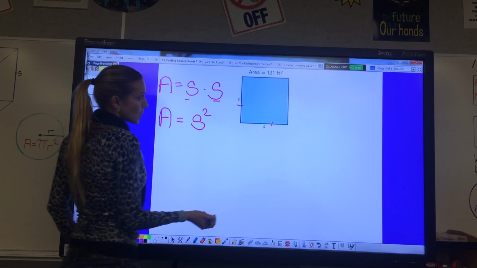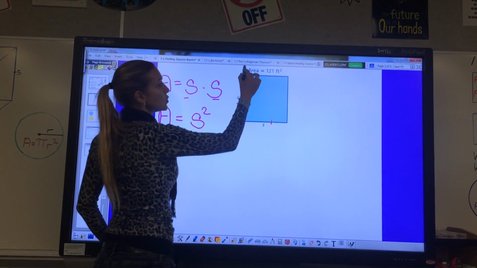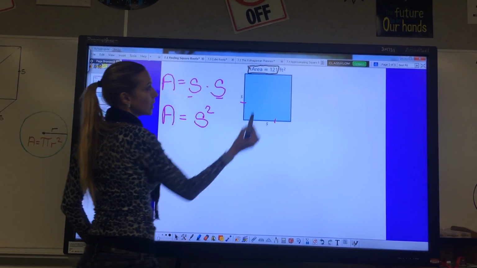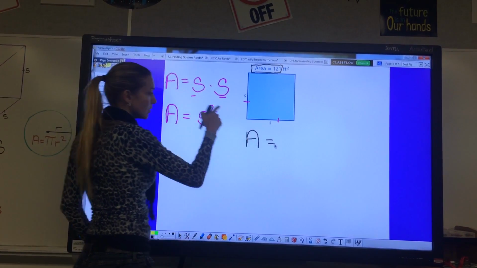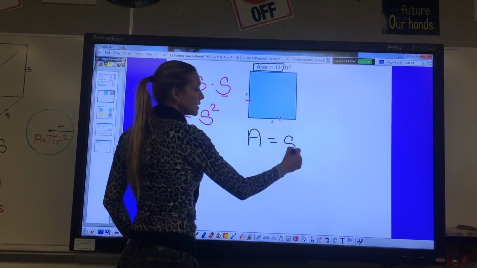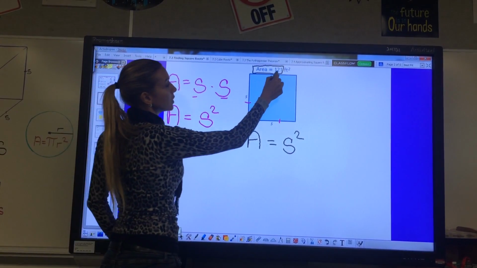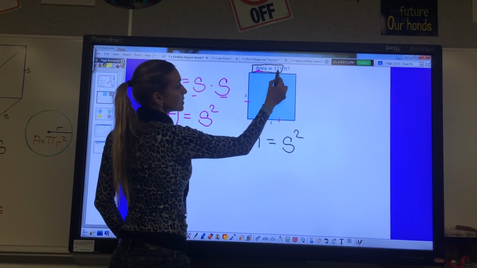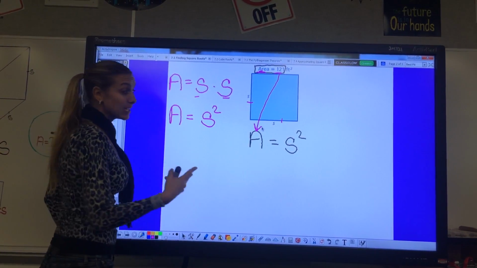You are given in this problem the area, and they say area is equal to 121 feet squared. Step 1 to find the measure of the side is write down the formula: A equals side squared. After, you have to take the 121, because you know A is 121, and substitute it in.